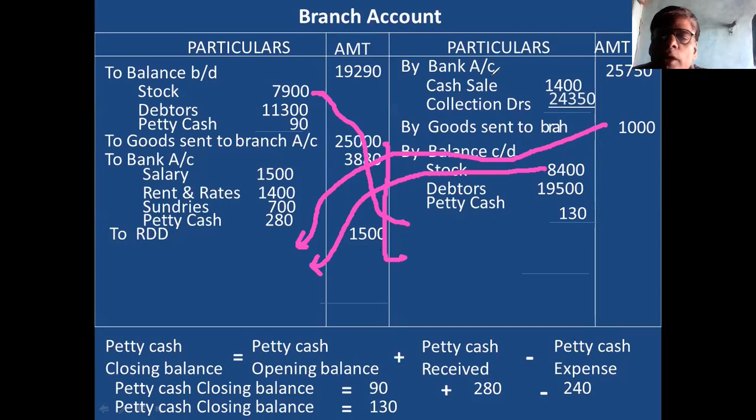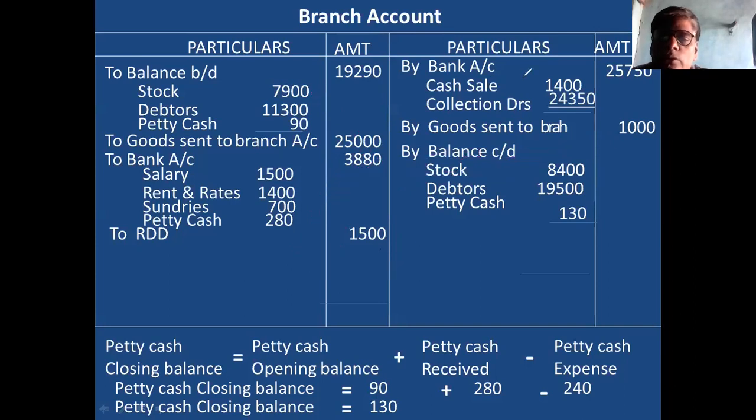This is the point you remember. Now I'll write here, you see this. Four items completed. Next is by stock reserve, which means the loading on opening stock. Opening stock is 7,900. 7,900 into 1 by 5, or 25 by 125, is equal to 1,580.